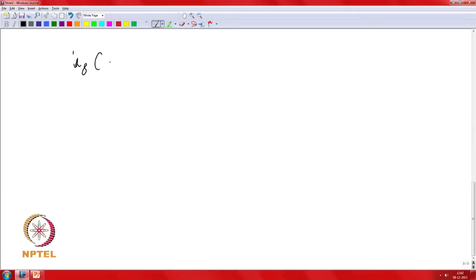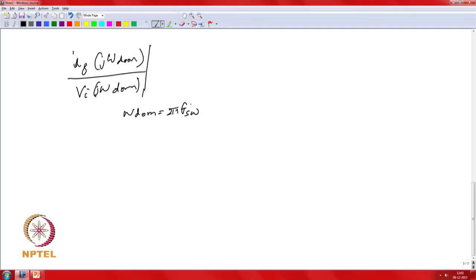If you look at this particular expression, we can write this term as Ig at your dominant frequency, and your omega dom, we saw from our Fourier spectrum, is essentially 2 pi times the switching frequency.